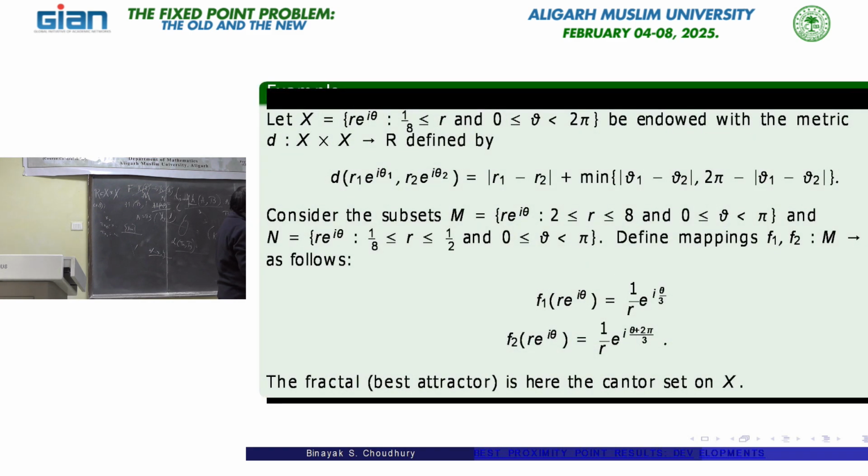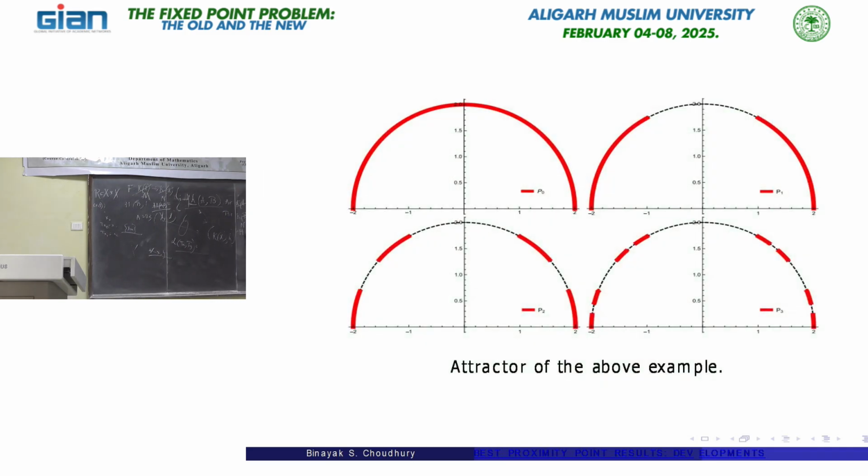With this, you construct the PIFS, and what is the fractal generated? As I told you, this is the approach of computer science. You will have to stop somewhere. But in the whole process, you can see that yes, some pattern is being generated.